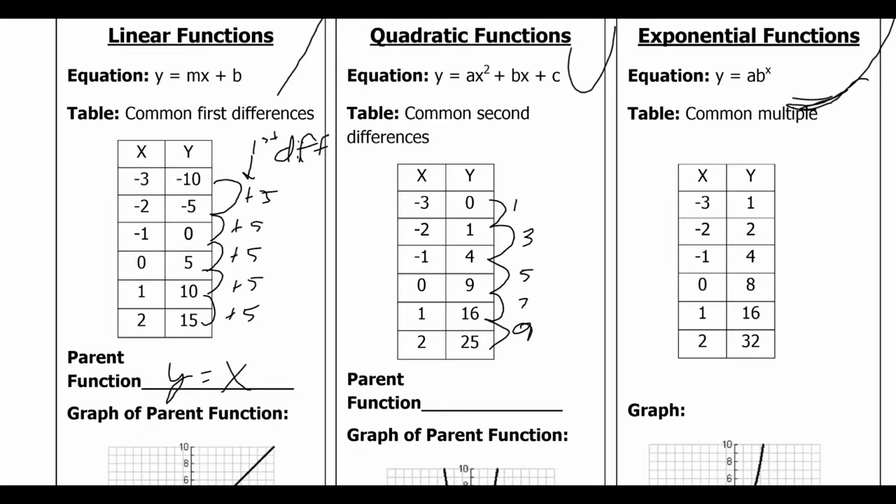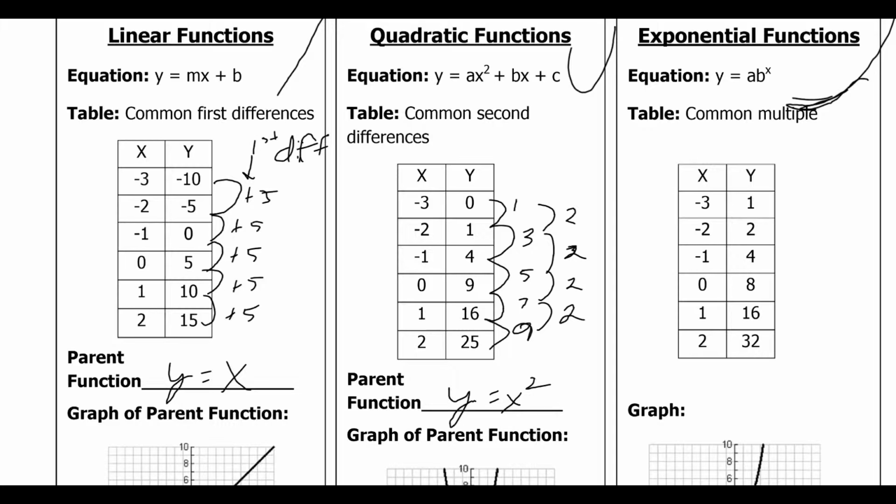If you take that first difference and realize there's nothing in common there, then you can take the second difference, and that's 2, 2, 2, 2. So basically, you find the jumps in between the jumps. That's a good way to look at those. And the parent function for all quadratic functions is y equals x squared.